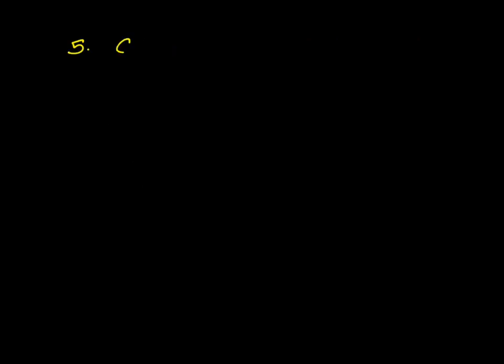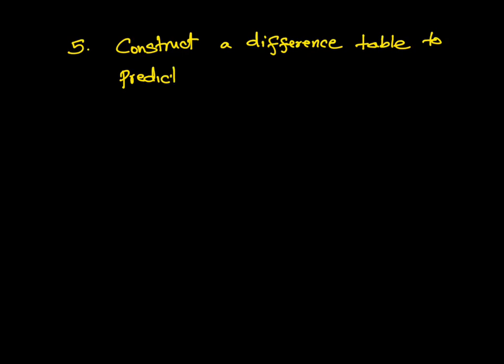All right. Our next question is, construct a difference table. You learned that in section 1.2. Construct a difference table to predict the next term of the sequence. So you basically make a table: first difference, second difference, and you keep doing it until the common difference is the same.